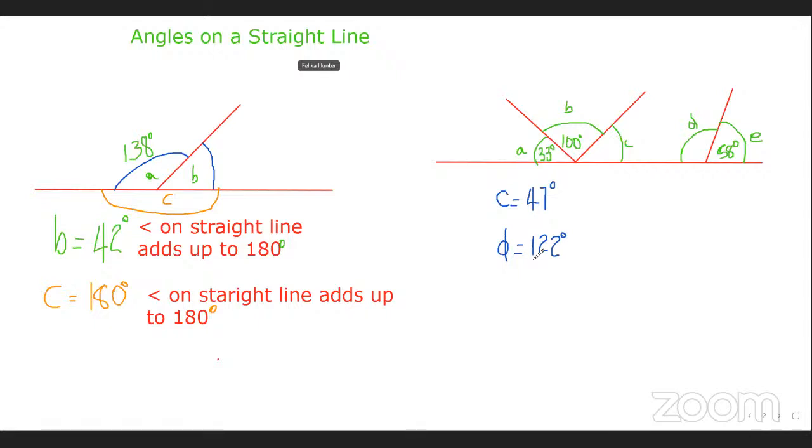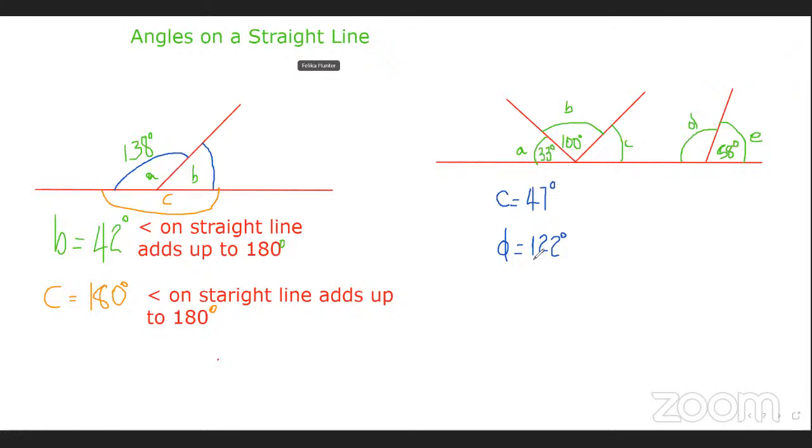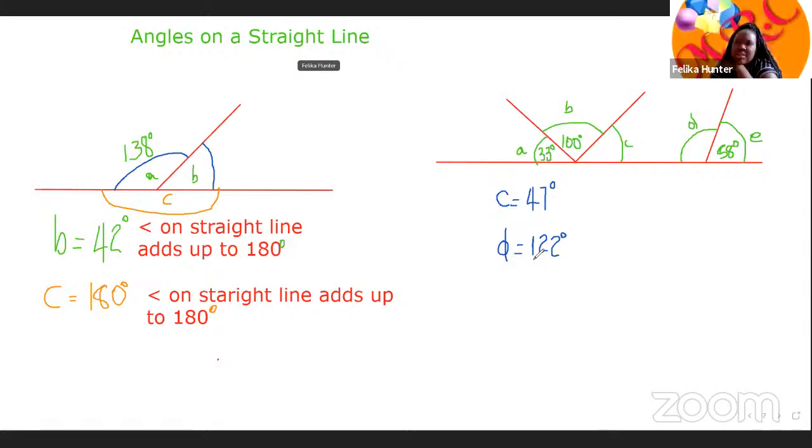But they said angles on a straight line add up to 180 degrees. How is it all of these angles are on the straight line? All of them are supposed to add up to 180 degrees.